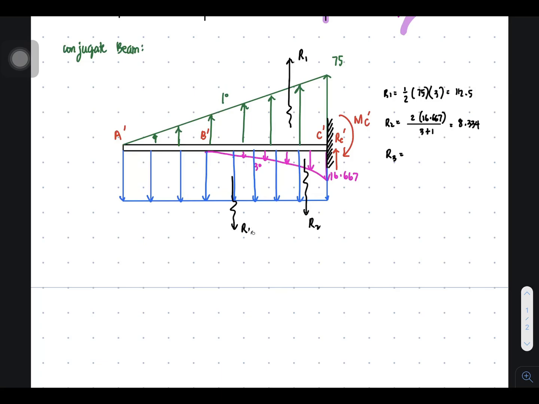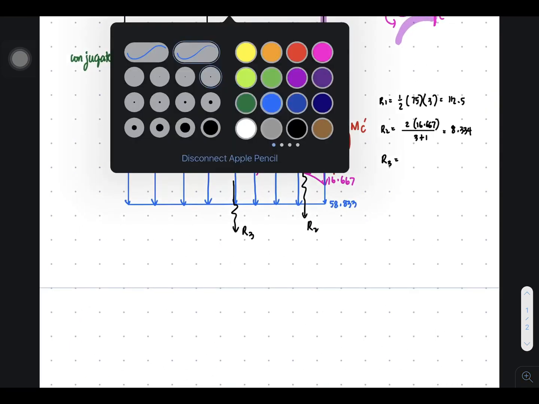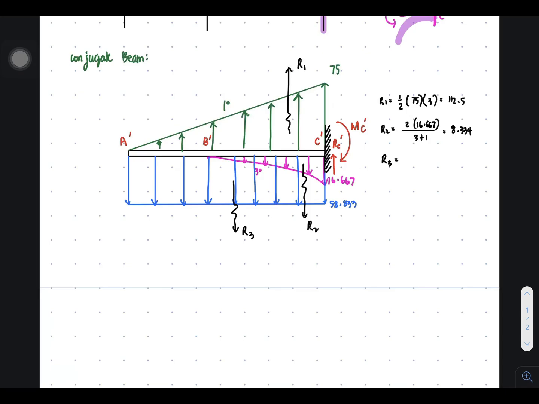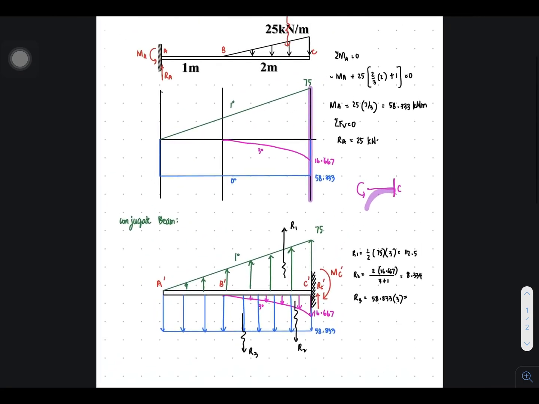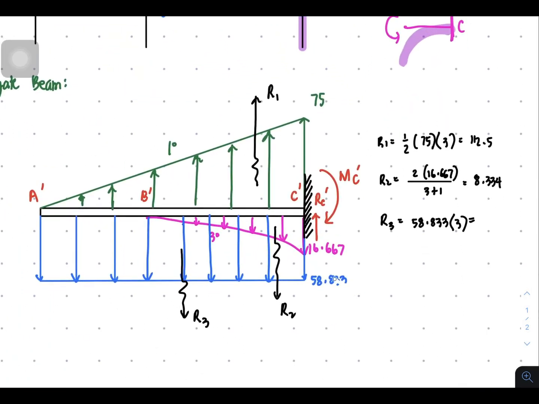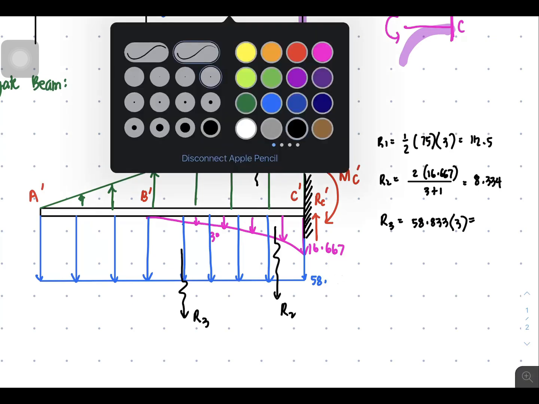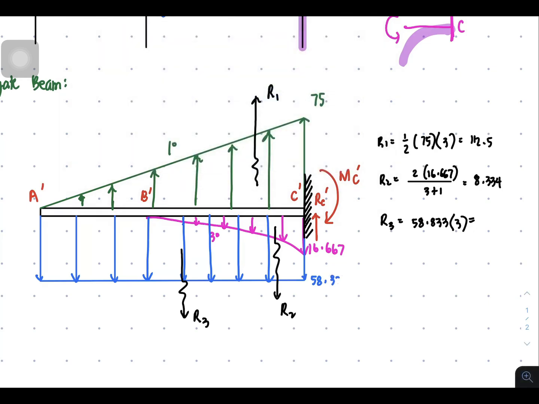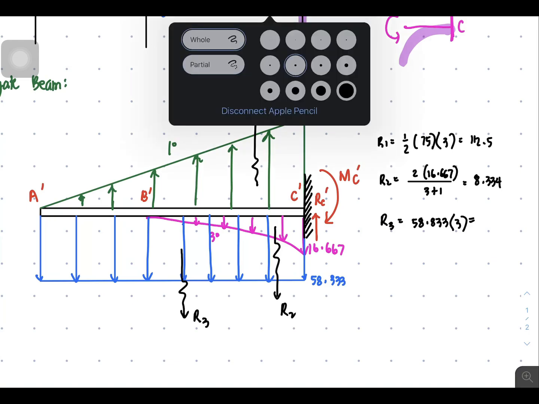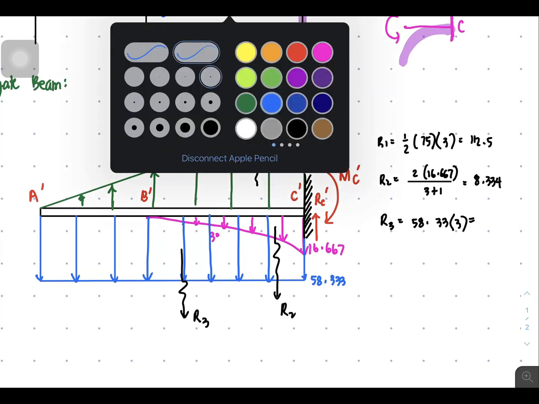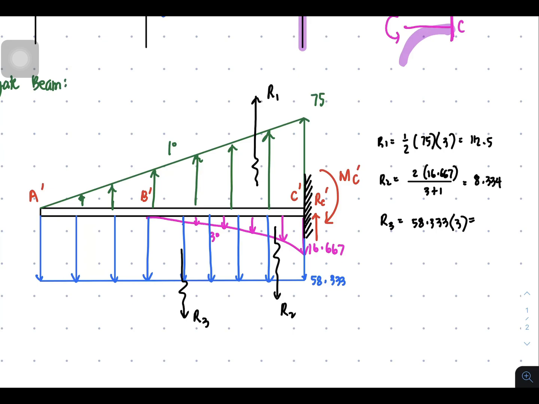This is 58.333, not 58.833, my mistake. 58.333 times 3, it's 175.